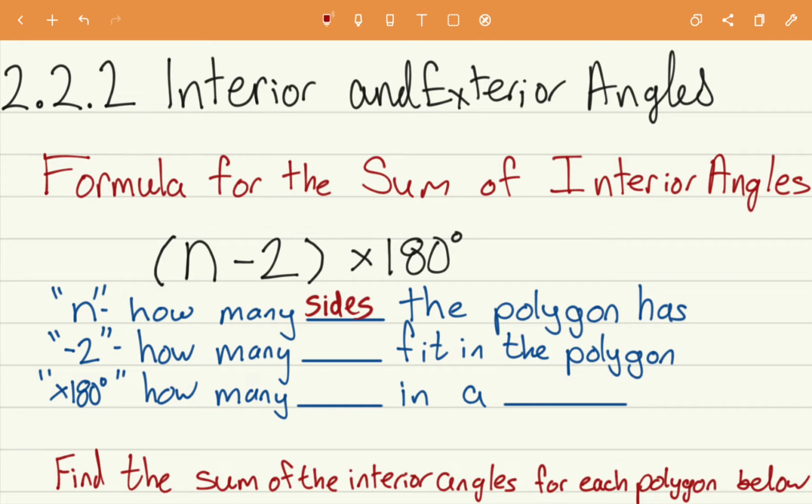The n minus 2 is how many triangles fit in the polygon. And the times 180 is how many degrees are in a triangle. So we do the n minus 2 first, and then multiply that by 180.